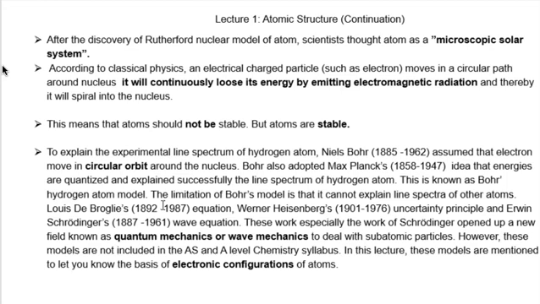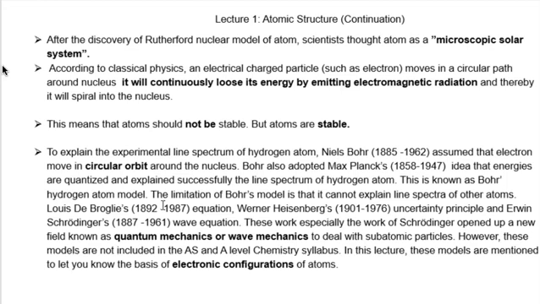And if we take energies as quantized, then one can successfully explain the line spectrum of the hydrogen atom. And this is what we know as the Bohr hydrogen atom model. However, here we also have limitations. The Bohr model can explain only the hydrogen atom. But if we have more than one electron, as in many atoms, we could not explain the line spectrum of those atoms using the Bohr model.